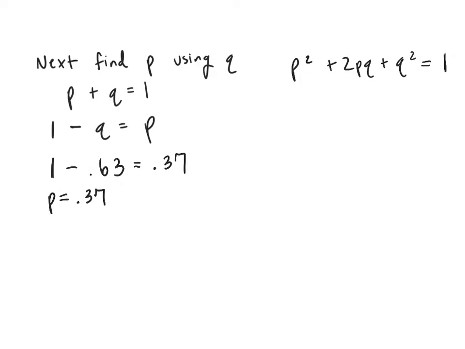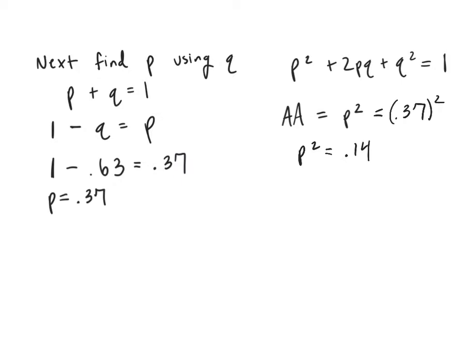So all we have to do is to find the homozygous dominant population percentage. We're just going to plug in 0.37 for P. So if we square 0.37, what we get is P squared is equal to 0.14, or about 14% of the population is homozygous dominant. That's what that represents.